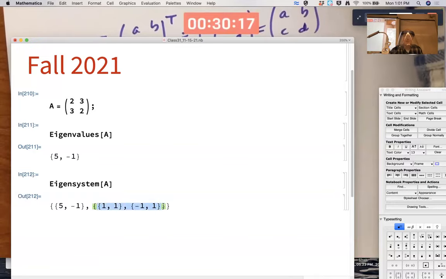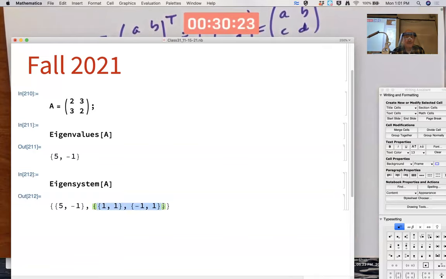You know what relationship I'm hinting at here? Those two vectors are related in a very special way. They're orthogonal. Their dot product is 0, right? Dot product of those two vectors would be -1 plus 1, 0. They're orthogonal. They're perpendicular to each other.